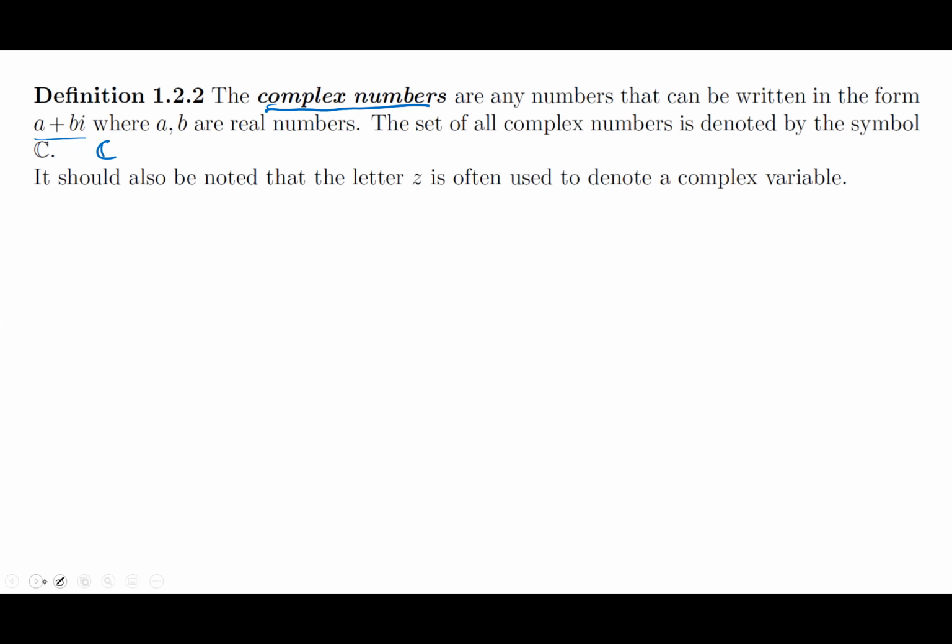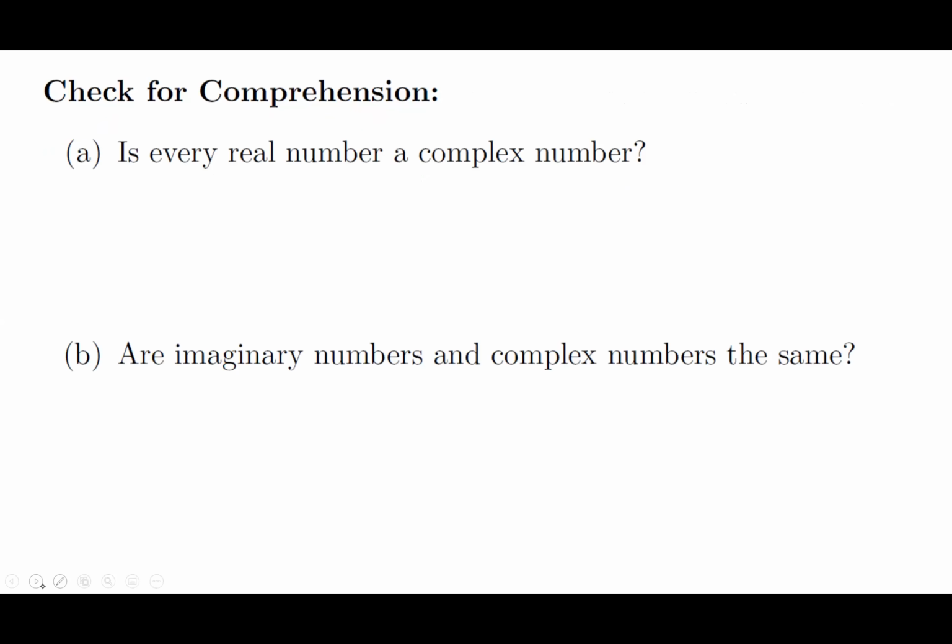So here are some questions for you. Is every real number a complex number? Well, give me a real number. I'm sure someone out there was thinking 2. Well, 2 can be written as 2 plus 0i.